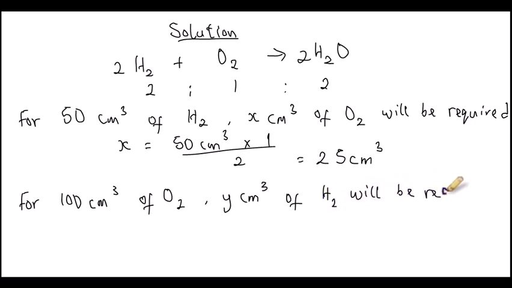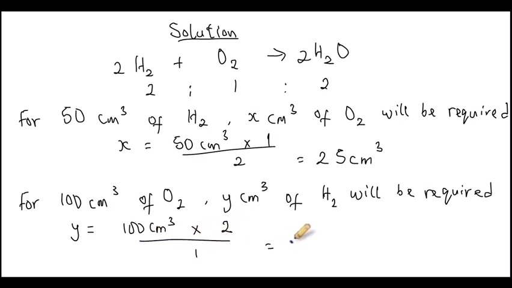Do not forget we are trying to determine which of them will be the limiting reactant. So Y equals 100 cm³, based on the ratio in which they are combining, multiplied by 2 divided by 1, which is equal to 200 cm³. So that means for 100 cm³ of oxygen gas, we'll need 200 cm³ of hydrogen gas.